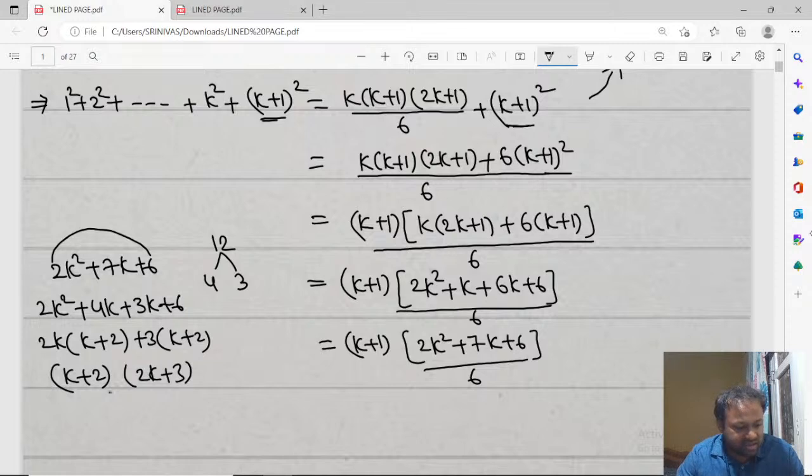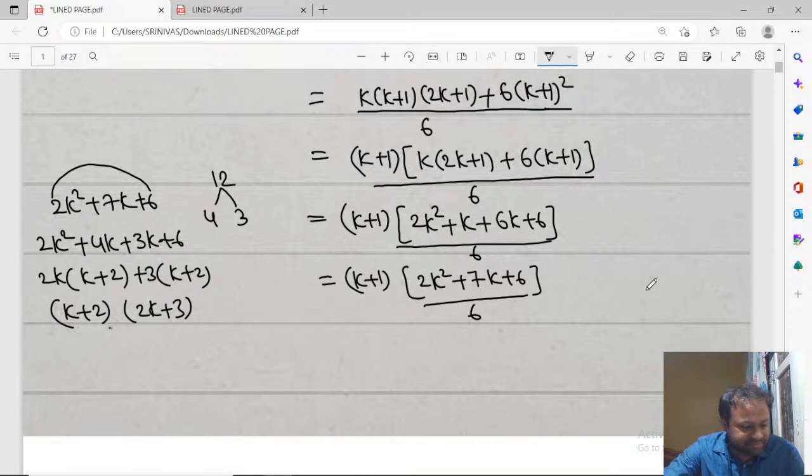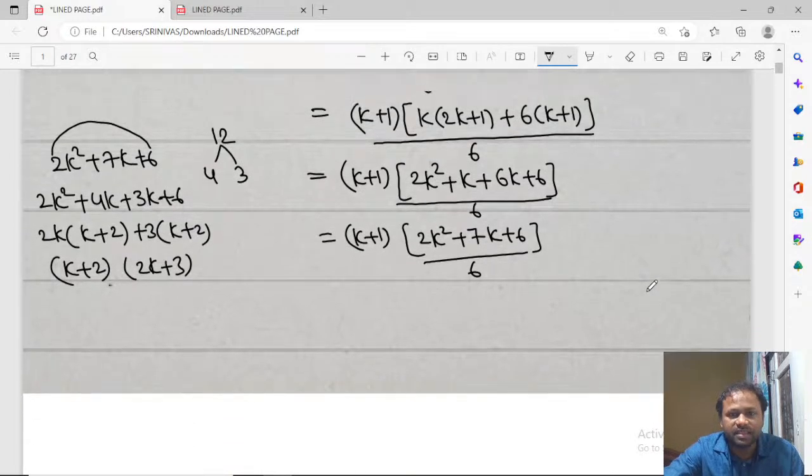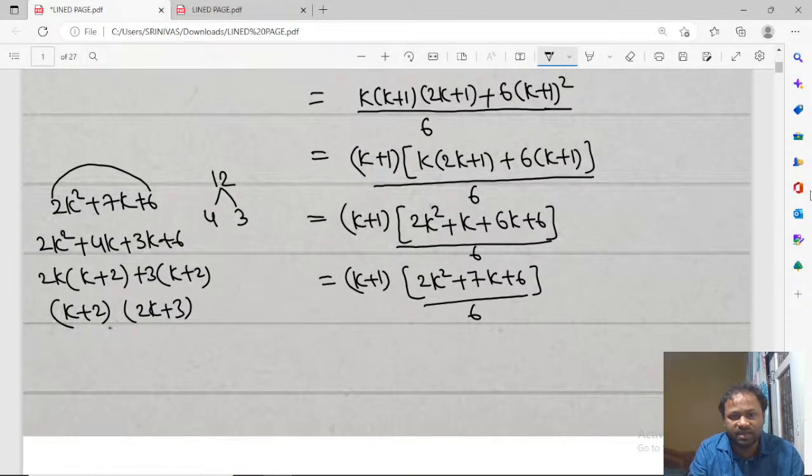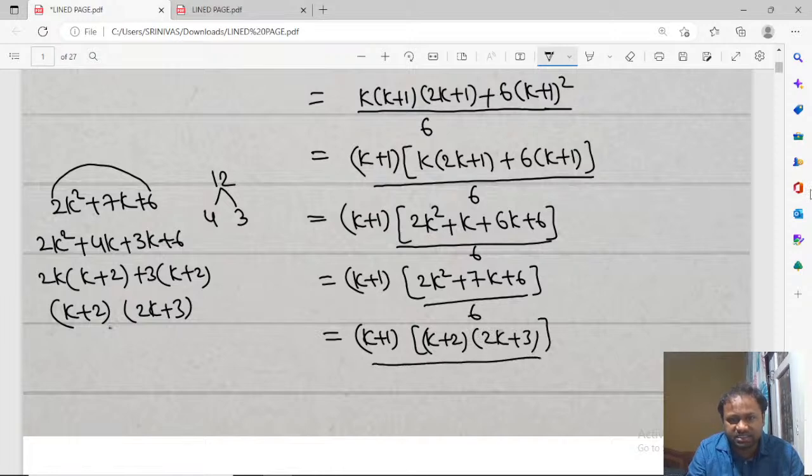I will substitute in this. Then what we get? (k plus 1) into, here we can write it as (k plus 2) as well as (2k plus 3), divided by 6.